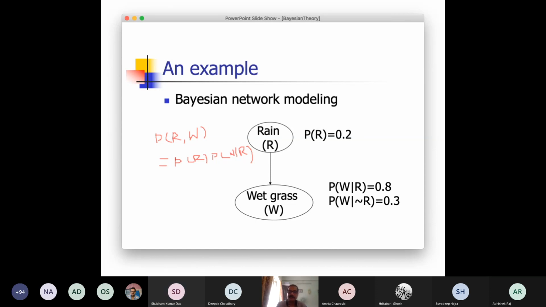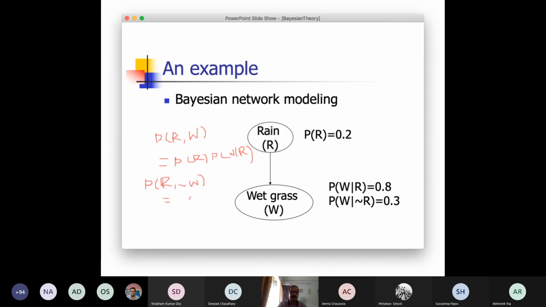What is the probability of R and not W? The probability of R is 0.2, and not W given R is 0.2.